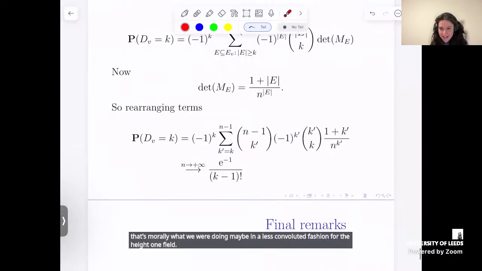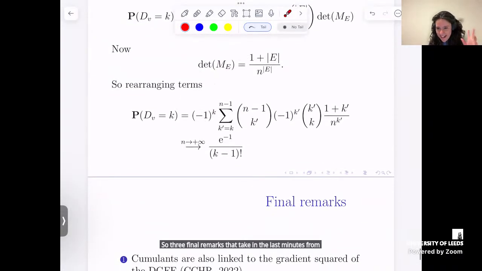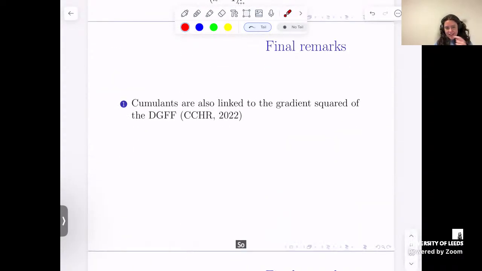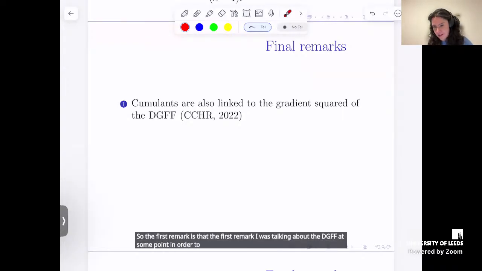So, three final remarks, taking the last minutes from you and from the organizers and the audience. The first remark is that I was talking about the DGFF at some point in order to introduce the fermionic GFF.